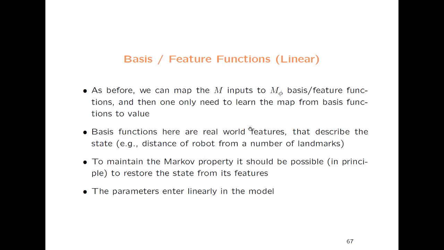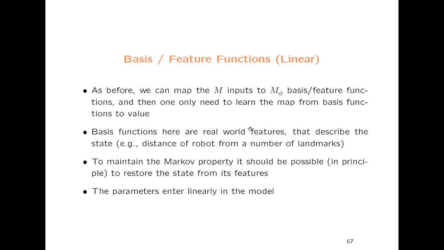So we can map the inputs to M5 basis functions, and then we need to learn the map using these basis functions to value, for example. And then we can also think of them as features, these x's that describe the states, as I mentioned before.